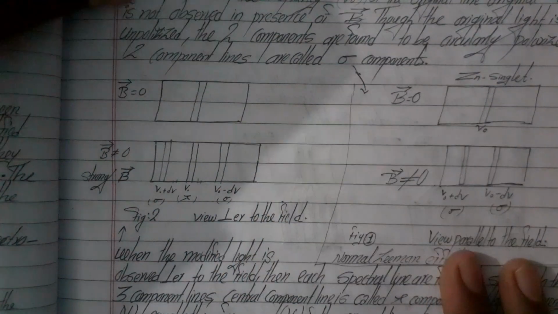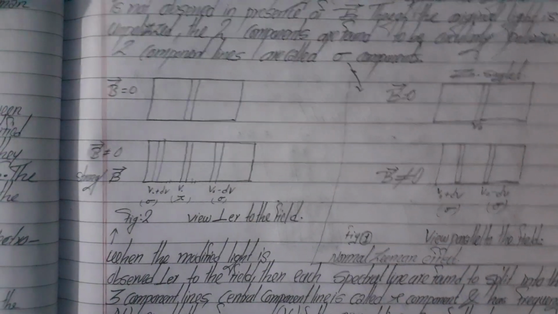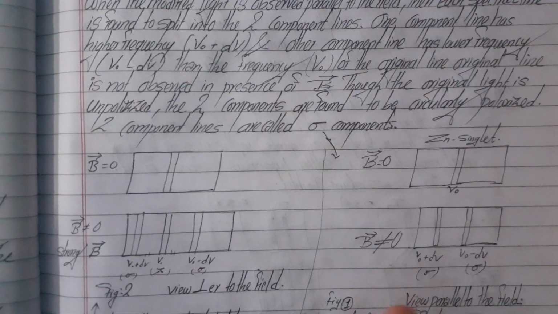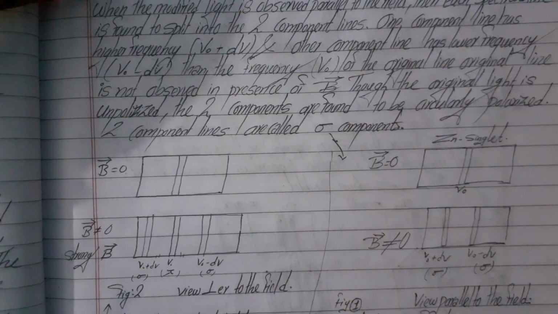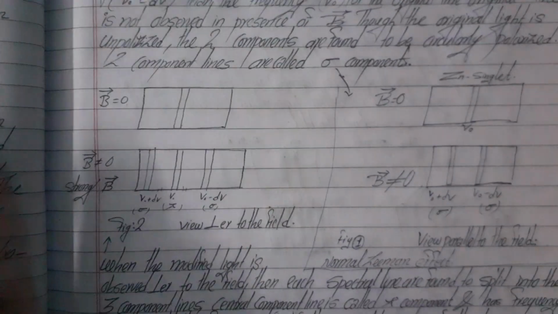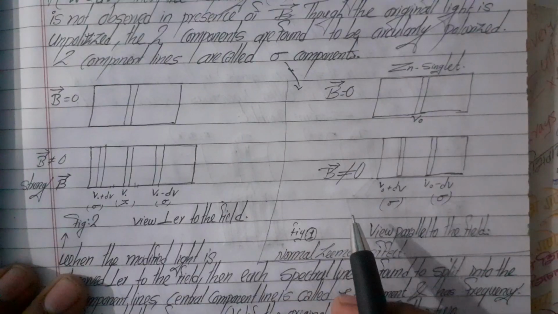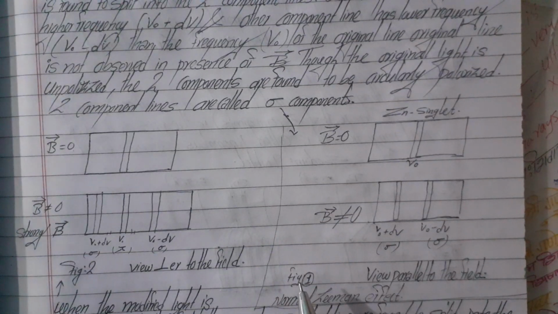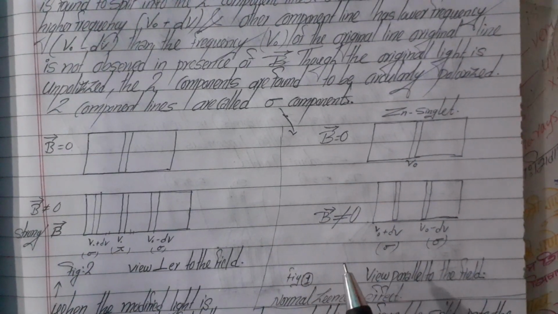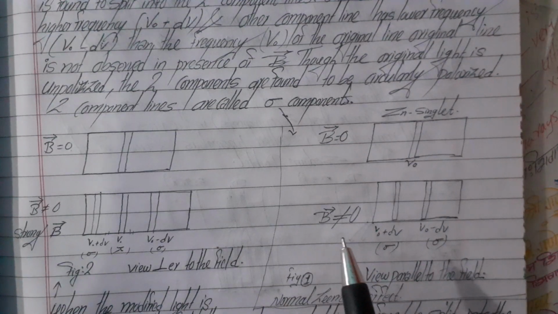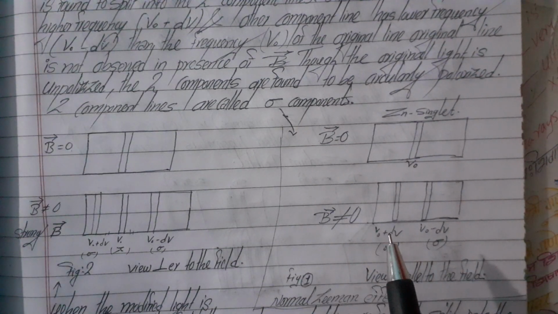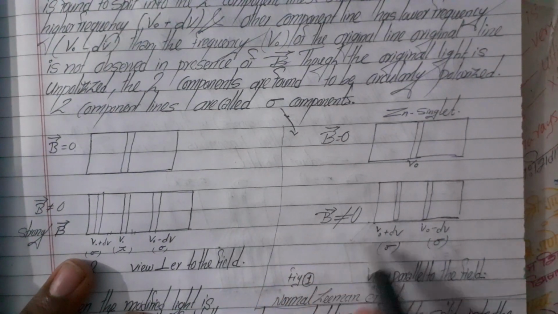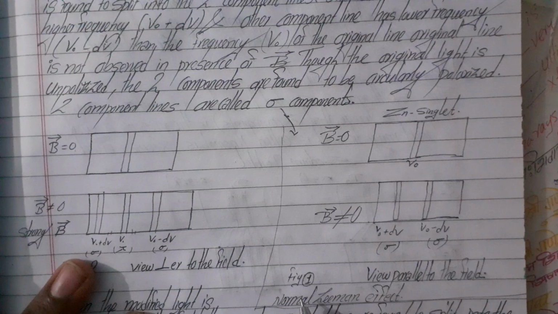And there are two types of Zeeman effect. They are the anomalous Zeeman effect and the normal Zeeman effect. Normal Zeeman effect is defined as the splitting of a spectral line into three components, and in the parallel view there are only two components.